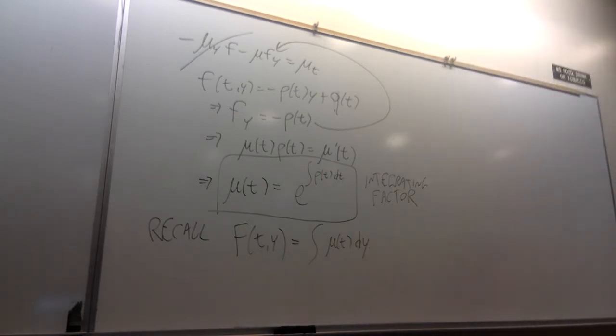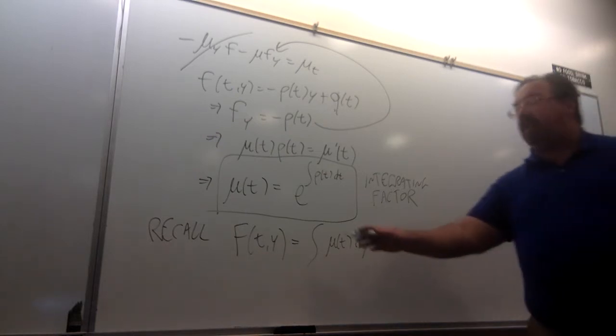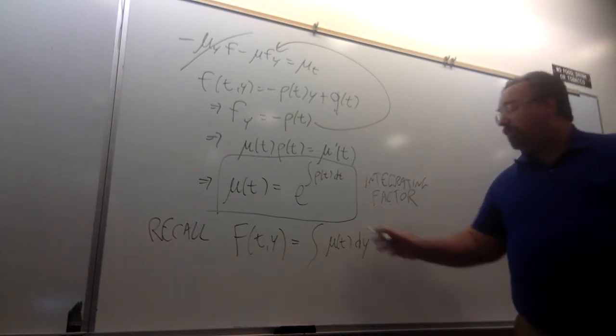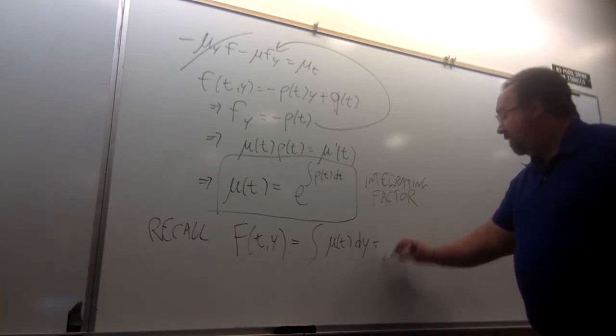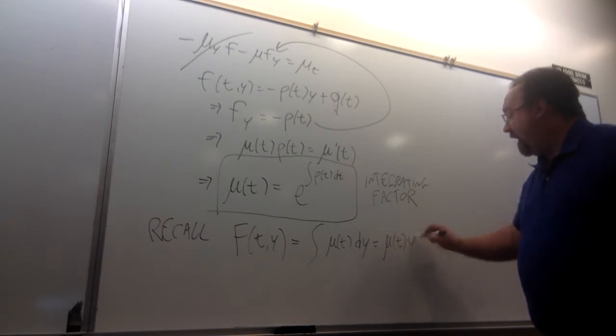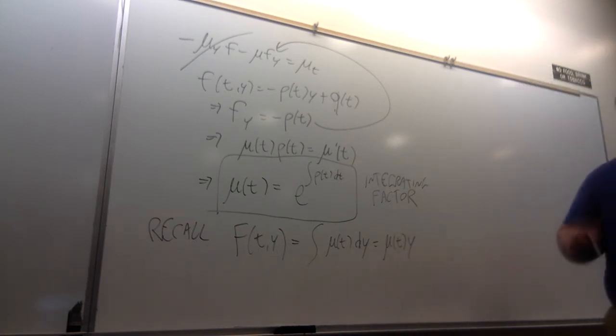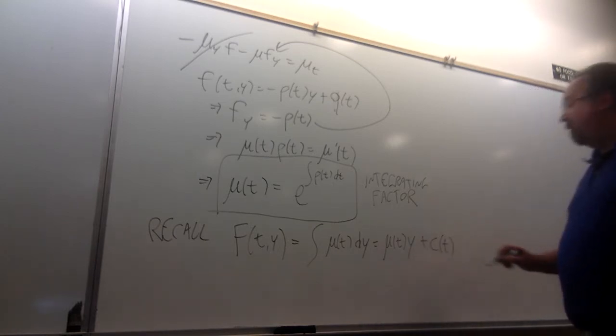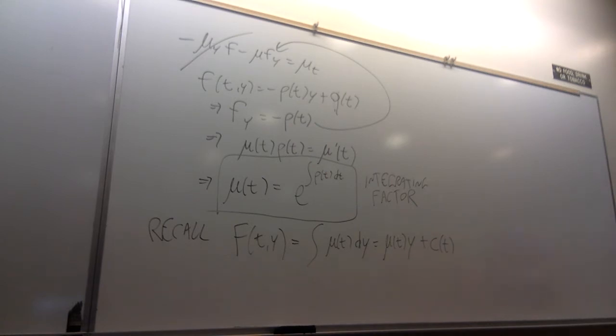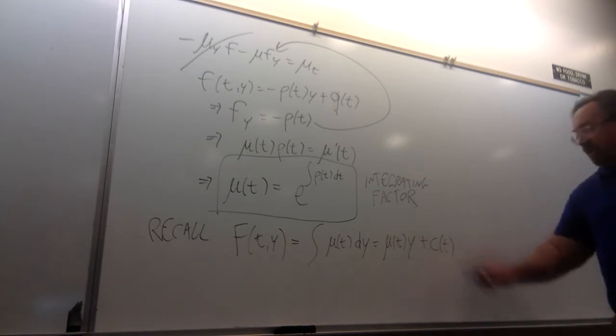Now in this case, the integral is particularly easy to do because we're integrating with respect to y, but the integrand is not a function of y, it's a function of only t. In other words, we can treat it as if it's a constant. So all we get is mu times y, and then we have to add on the plus c, which really is going to be some unknown function of t. So when you have a function of t and y, you integrate it with respect to y. What you add on is something that does not depend on y, but it can depend on t.